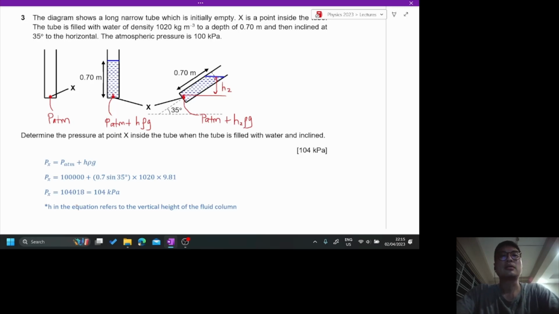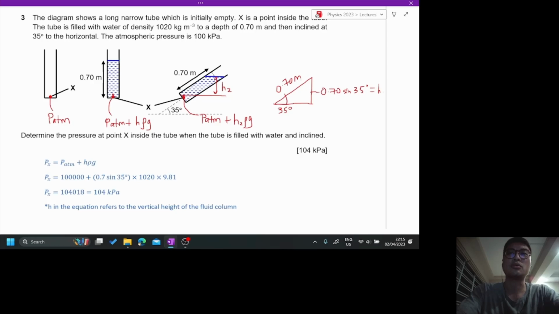So for the tube filled with water and then inclined, first we need to know H2. The length is 0.70 meters and the tube is at 35 degrees, so H2 is 0.70 sin 35.